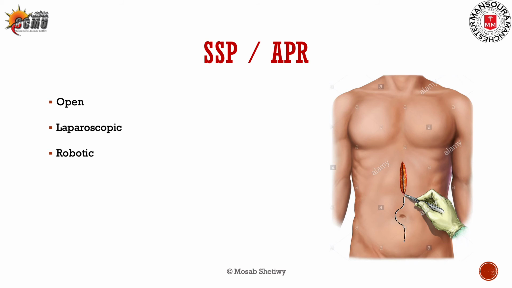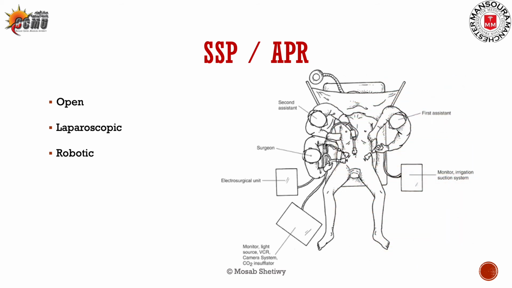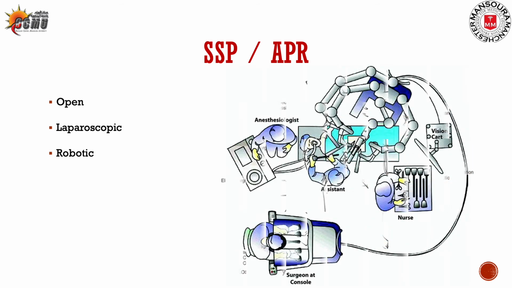As for larger tumors, T2 tumors, transabdominal rectal cancer surgery can be performed using either open surgery, laparoscopic surgery, or even robotic surgery. Curative resection of rectal carcinoma is carried out with either technique.